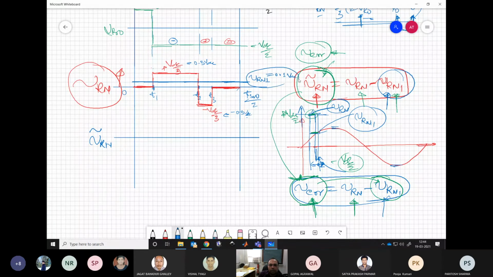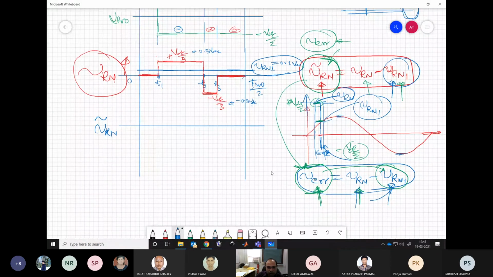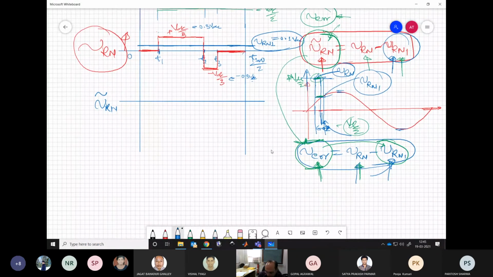Now what is the ripple? Ripple is nothing but the actual voltage minus the required voltage. So then what will we get? Our VRN ripple for this particular case, which is T1, let's say this interval, T2, and then T3.